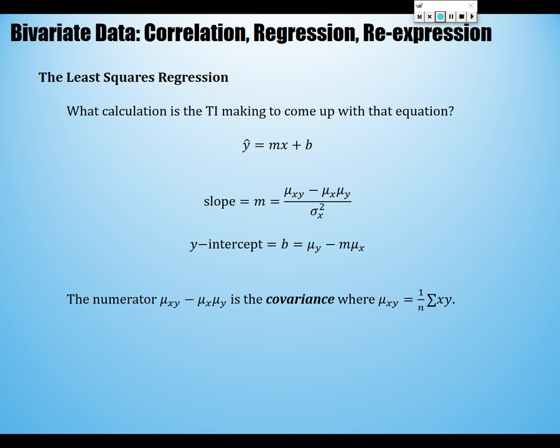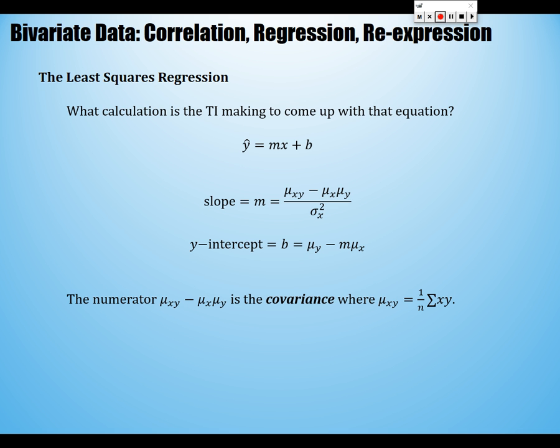The only thing that's a little weird in here is this mu xy. That's the mean of the list that you would produce if you multiplied the x's and y's by each other. And this together in the numerator gives you something called the covariance, which is not a word you need to know. I just thought you would like to know that's what it is. More on that if you take other stat or probability theory courses.